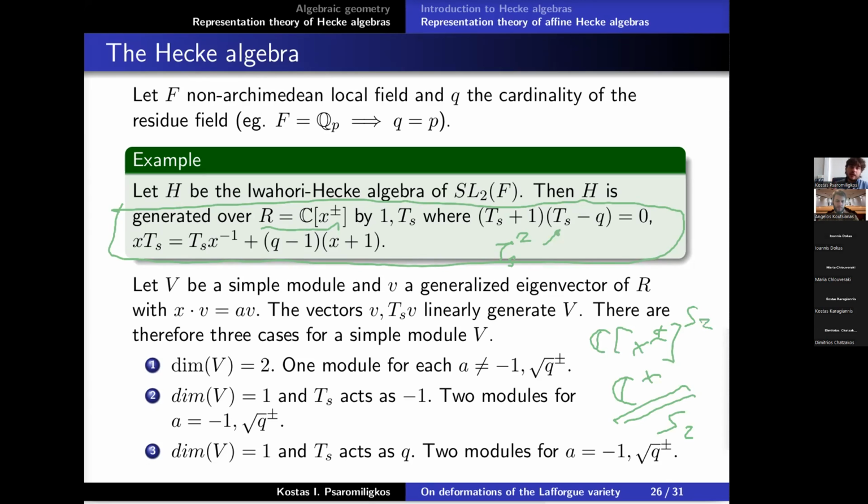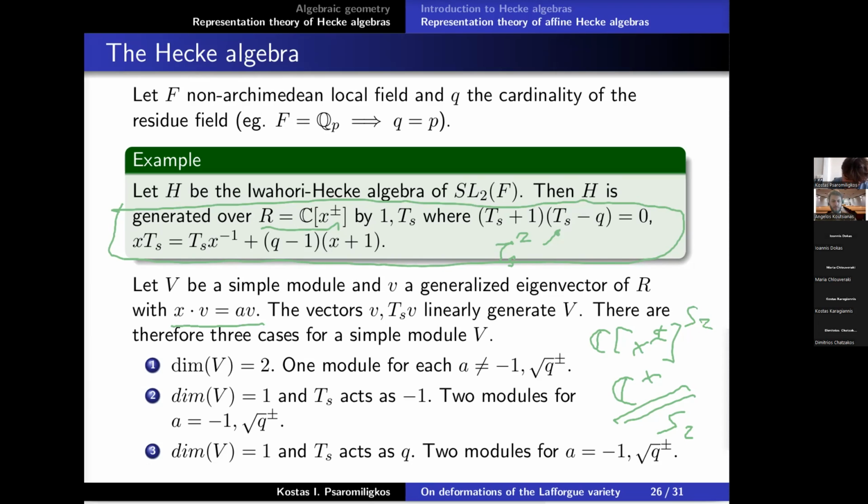Now, how do we work out the representation theory? Well, assume V is a simple module. Just take v to be a generalized eigenvector of R. I can do this because R is abelian. Well, in this case, you just have to look at X, but generally you can do this for an abelian algebra. And consider Xv = av.